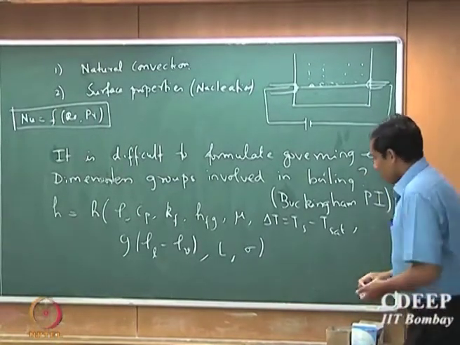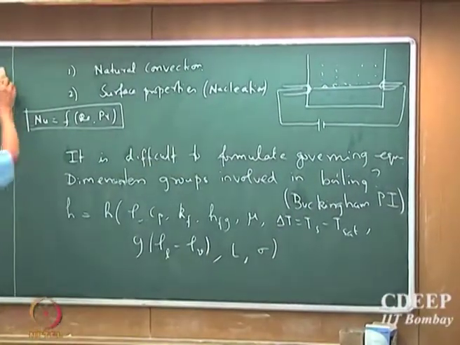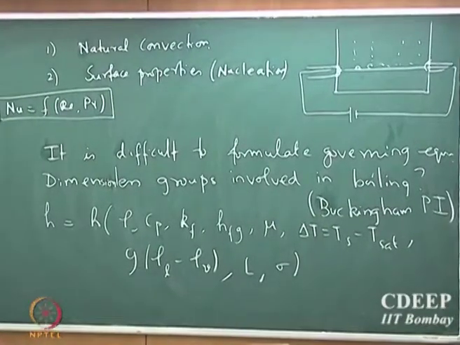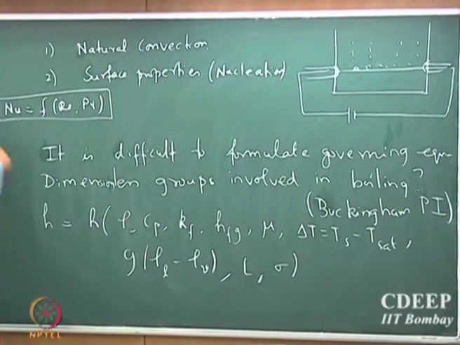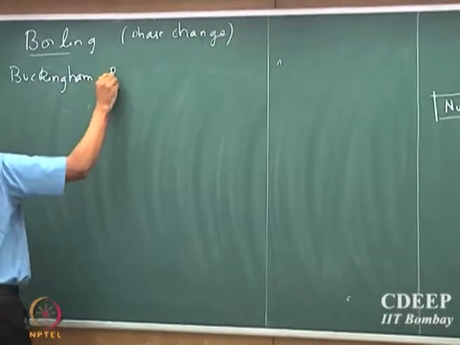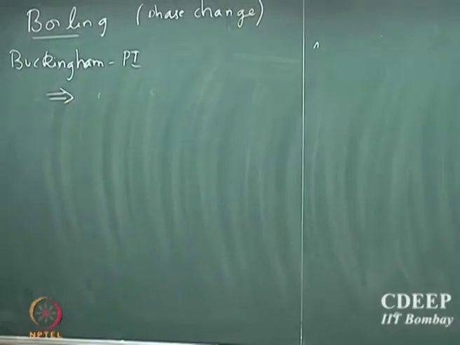Alright, I won't go into the details of Buckingham Pi because that has been covered in your fluid mechanics class. So, if you use the Buckingham Pi theorem, you will get 5 dimensionless groups.